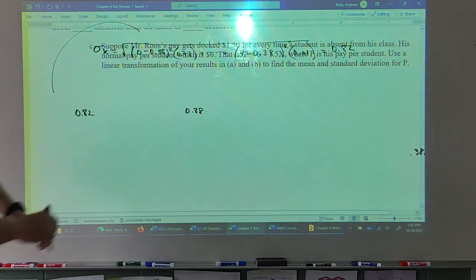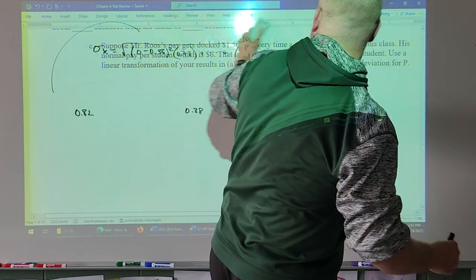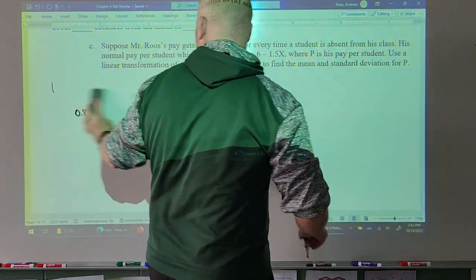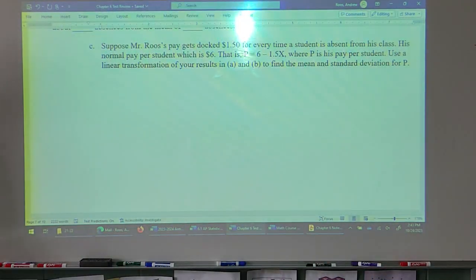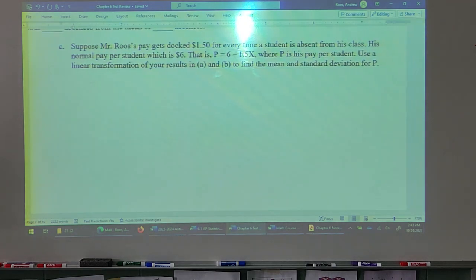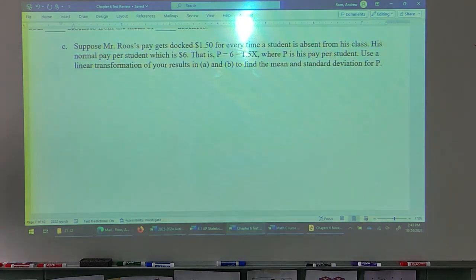Part C. I'm glad this is not the case. Suppose my pay gets docked $1.50 for every time a student is absent from my class. My normal pay per student is $6, not the case, but the new pay would be P = 6 minus 1.5x, where P is the pay per student.